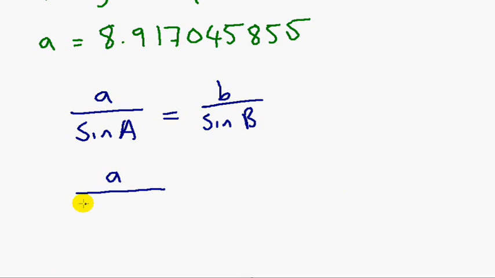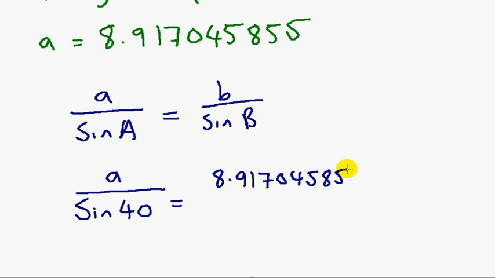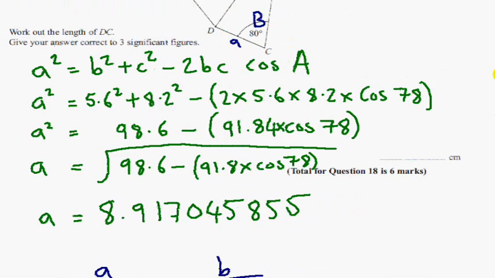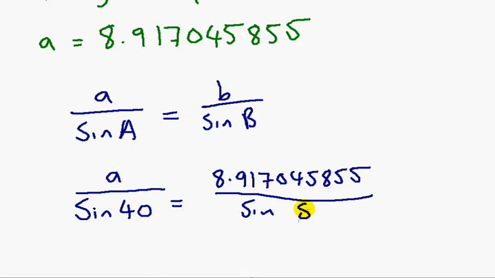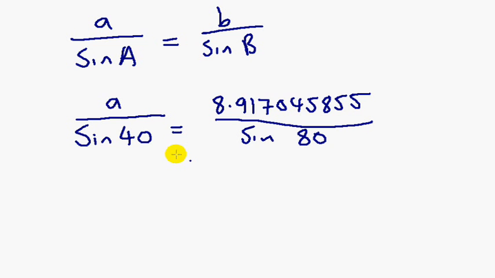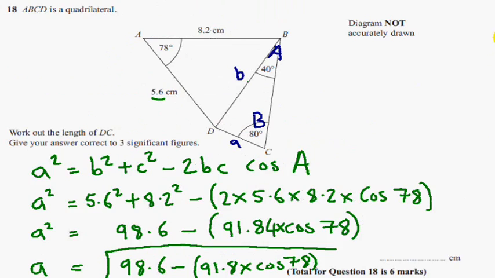So over the angle opposite that, sine 40 equals b, which is this length, 8.917045855, over sine B, which is the angle opposite that, which happens to be 80 degrees. Now I need to find out what A is, which is DC.